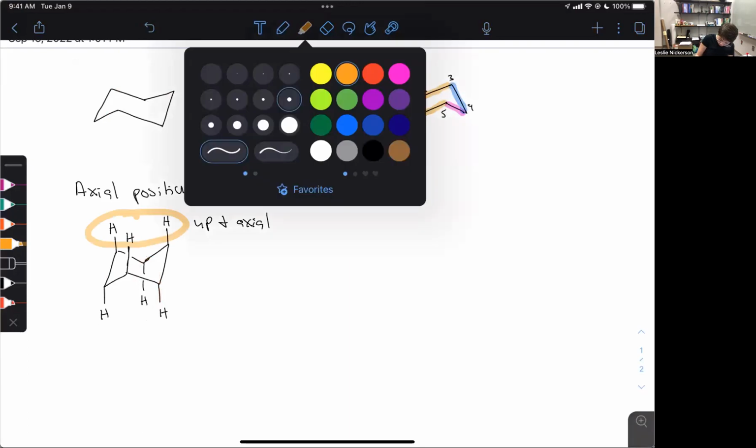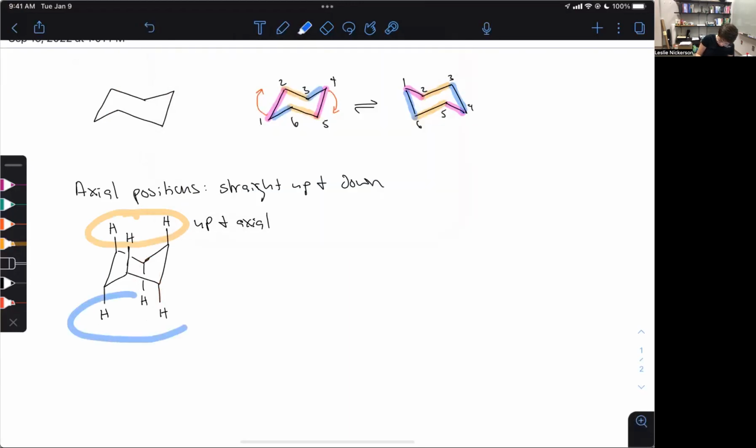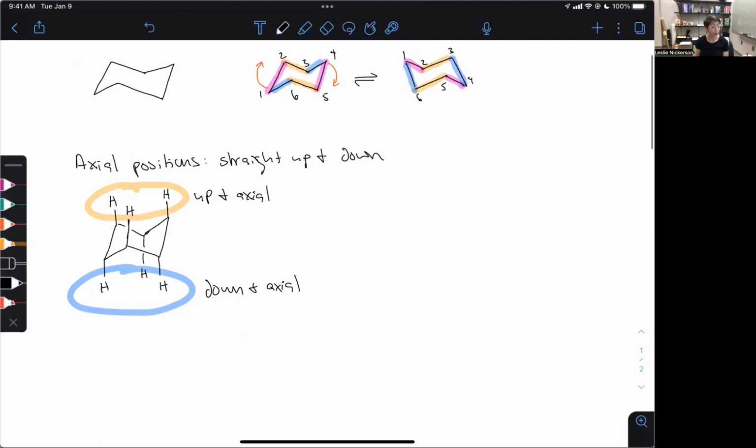Everything down here is down and axial. Okay, if I'm looking at my equatorial, it's a little ugly. So for equatorial, we're looking for parallel again.